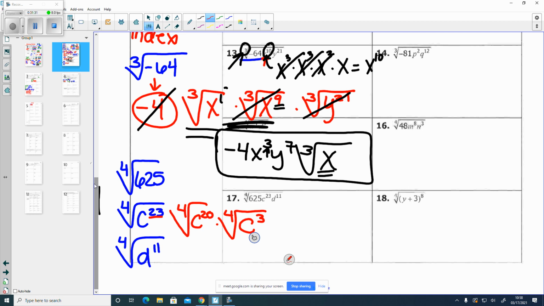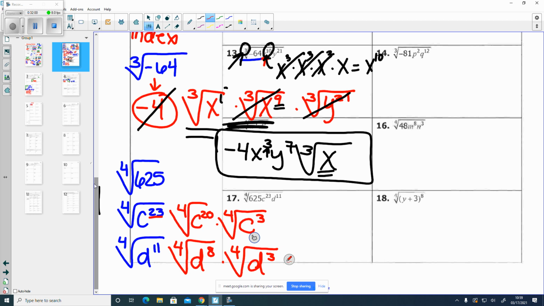And then the 11, I can't go up, I have to go down. So 10 doesn't work, 9 doesn't work. I have to go all the way down to 8, right? So the fourth root of d to the 8th. How many did I take away from 11? 3. So I'm still going to have d to the 3rd.